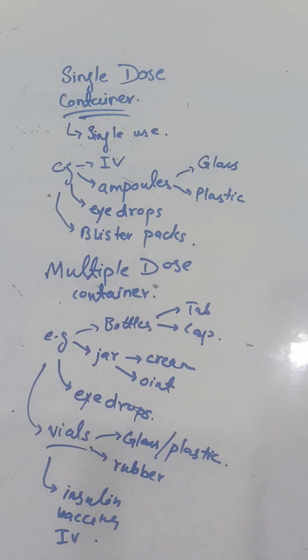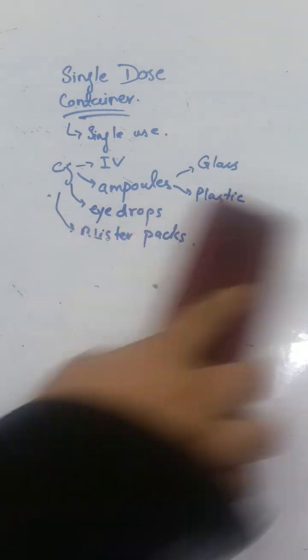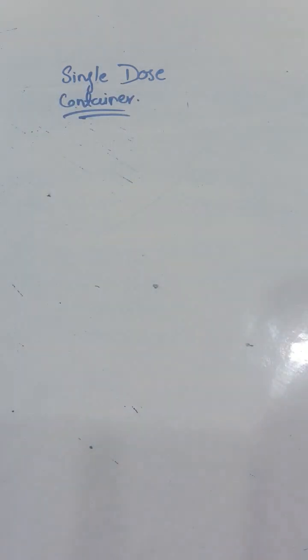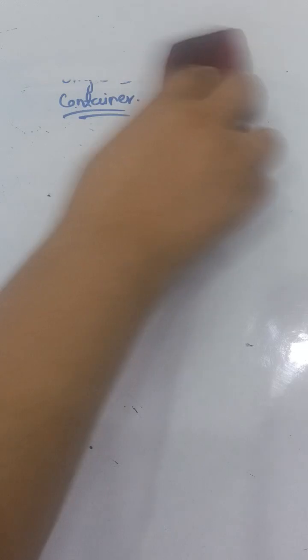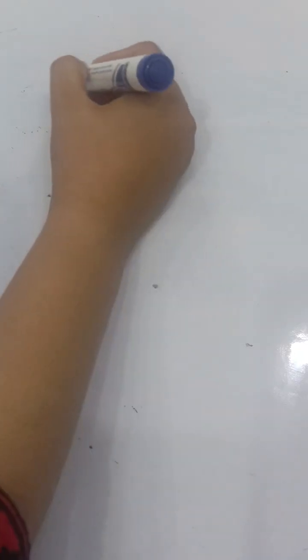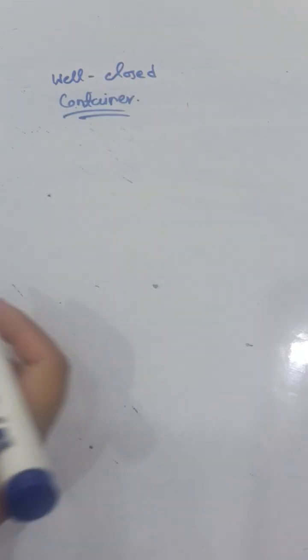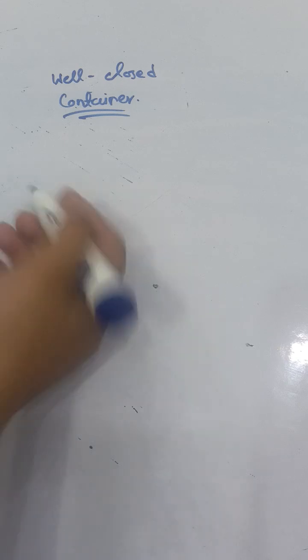The next type of container I'm going to show you here is our well closed containers. Means they are very tightly closed, containing the drug that has chances of loss. So it protects our product from any contamination or prevents the loss of the product from spillage or leakage. So any example?